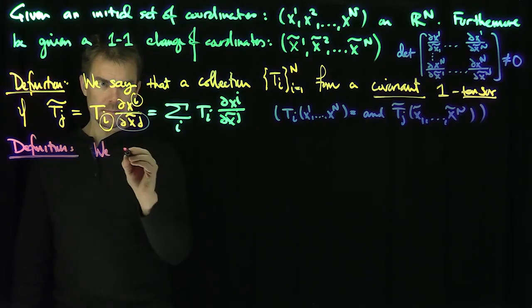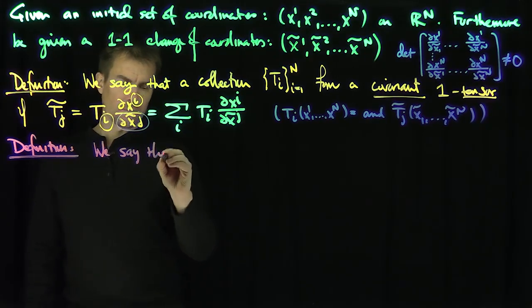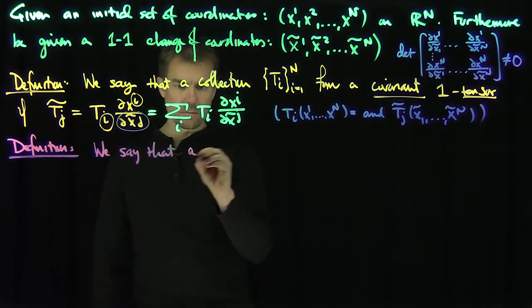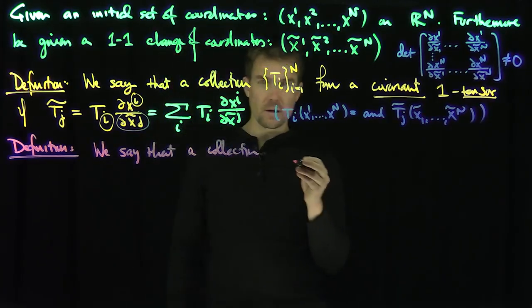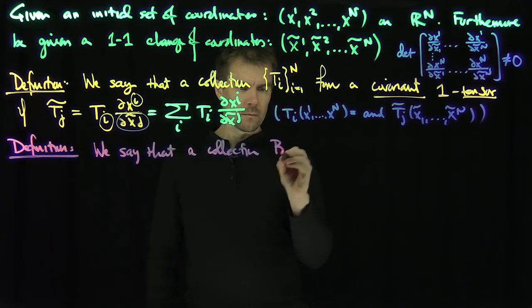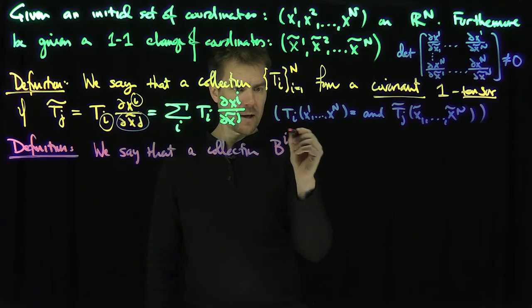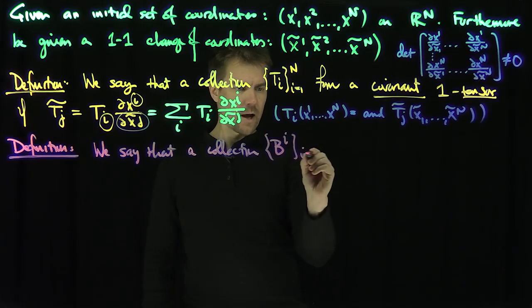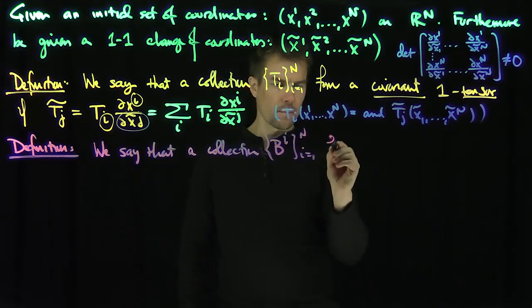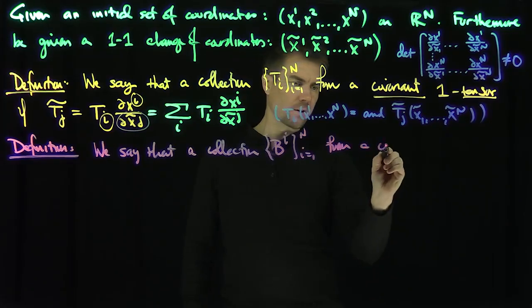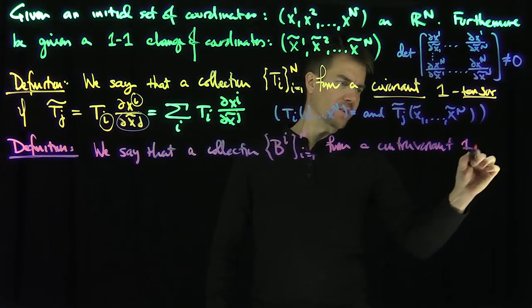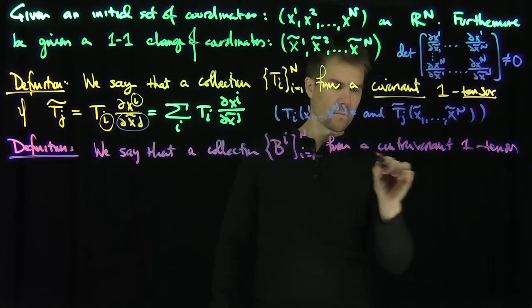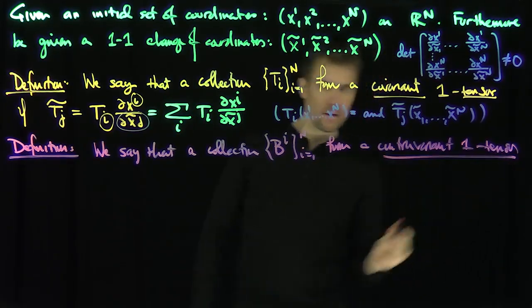We say that a collection, now I'm going to use upper indices, b, i goes from 1 to n, form a contravariant one tensor if what?